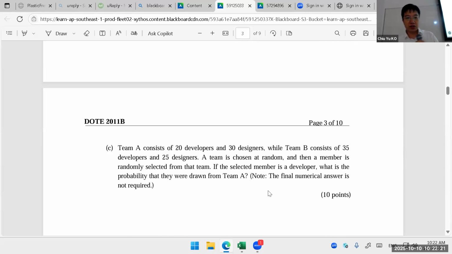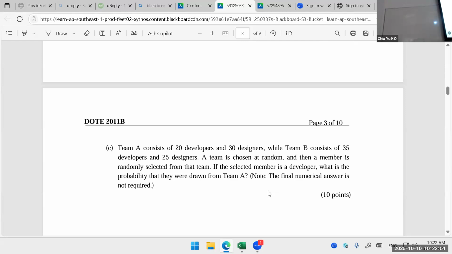And part C, I'm not even asking you to calculate. You just write down the formula. This is the problem you learned, the Bayes theorem. Box A and box B have black balls and white balls. You draw a black ball; does it come from A or B? The same question with teams: team A has developers and designers, and B has a number of designers and developers.